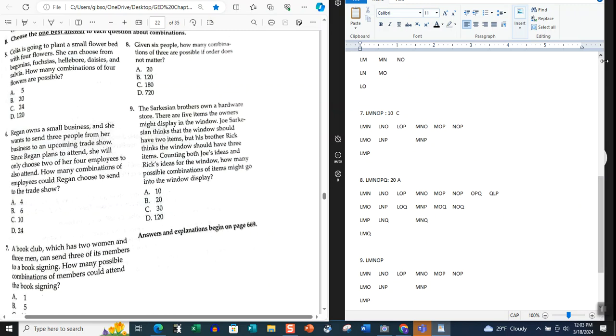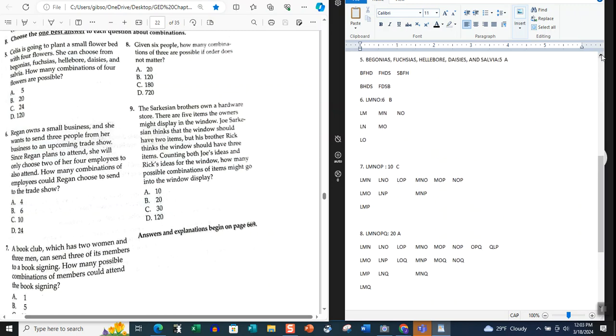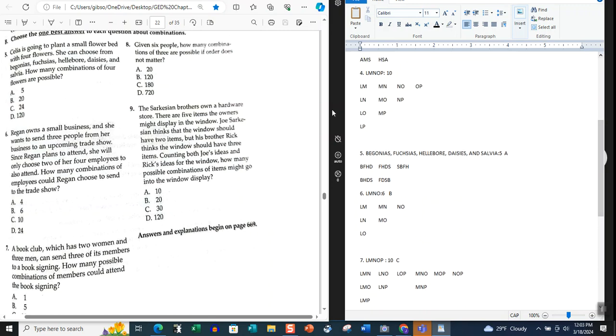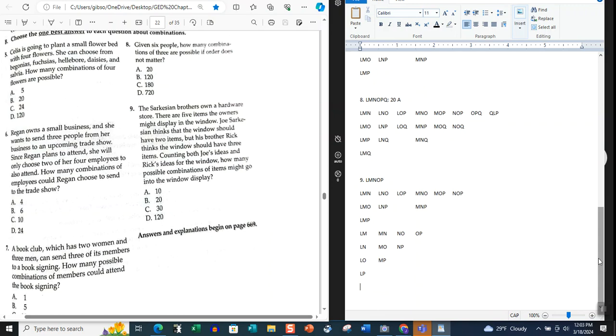Question number 4 talked about 5 items and you only picked 2. So what you were supposed to do here is take the results you got from number 7 and number 4, and that will give you all the results for both brothers for a total of 20, because they were 10 apiece. So your answer here would be 20, which would be B.